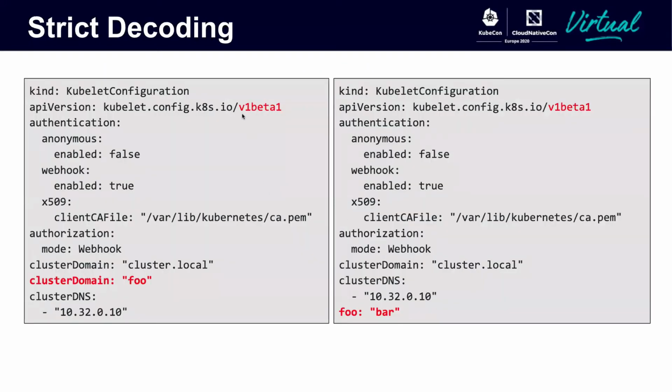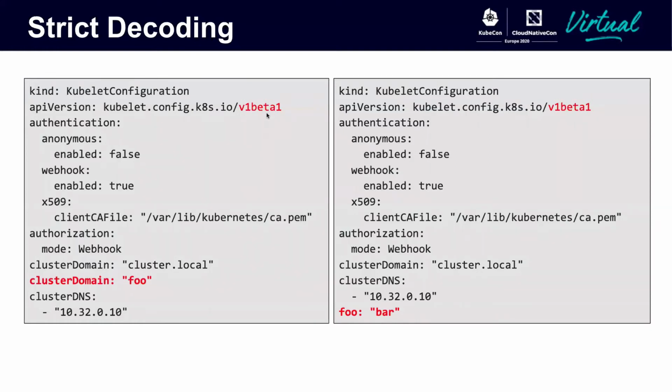Let's say we introduce this change for 119, the current version. But when 119 gets released, this doesn't actually increase this version here. So the version of the API of the kubelet configuration doesn't go in lockstep with the Kubernetes release cycle.